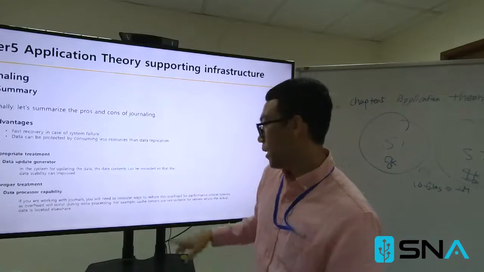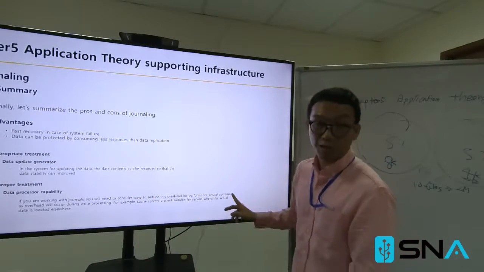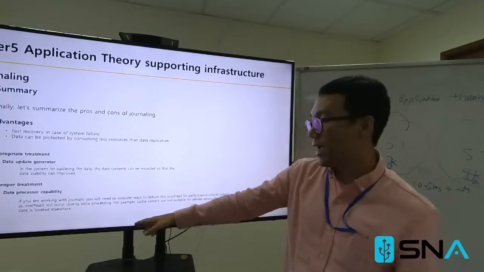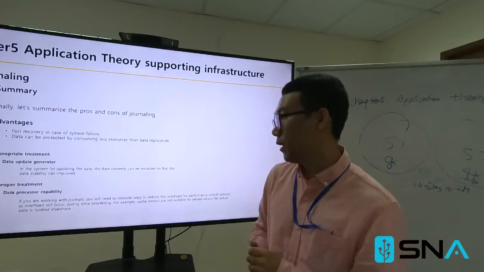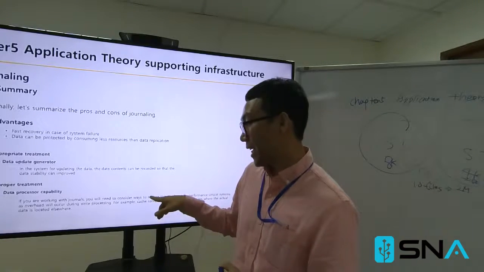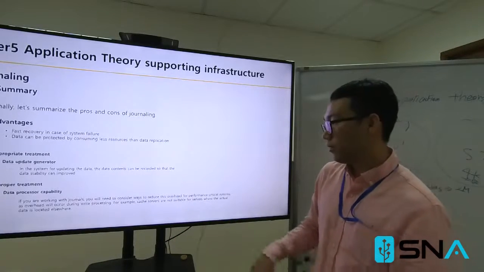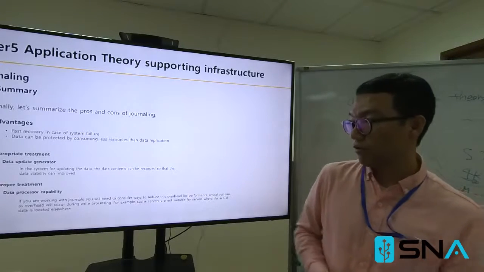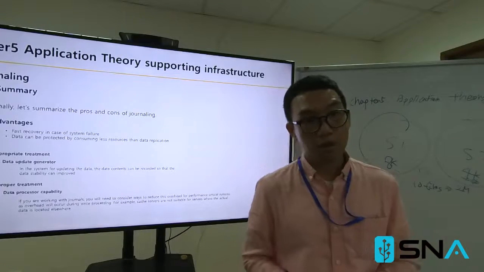But for performance-critical systems, we need to consider that overhead will occur during the writing process. For example, cache servers are not suitable for servers where the actual data is located.